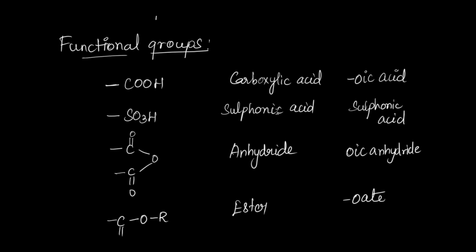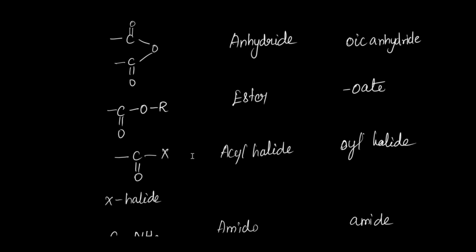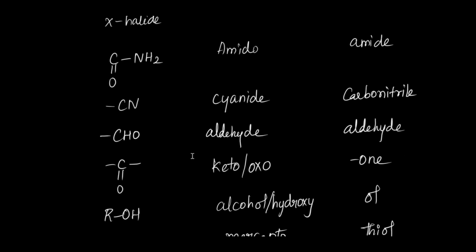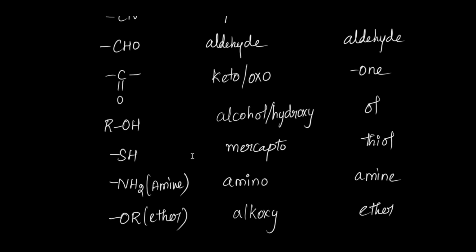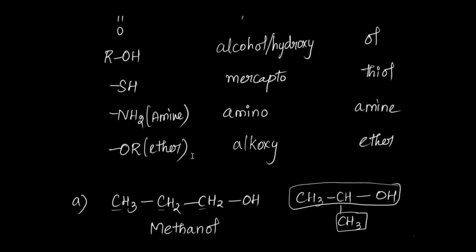Then functional groups, this is the priority order. I'll be attaching the formula sheet or the single paper formula for the nomenclature. You can check that out too. For functional groups, starting from carboxylic acid, sulfonic acid, anhydride, ester, acyl halide, halides, amide, cyanide, aldehyde, keto, alcohol, mercapto, amino, and alkoxy. This is the preference order.